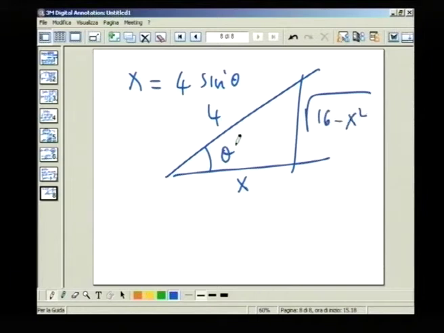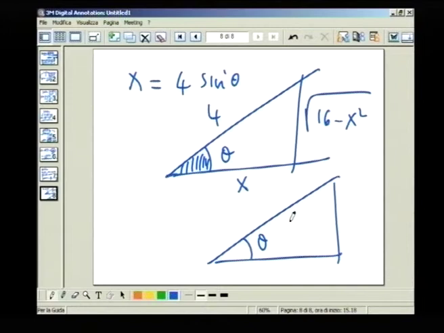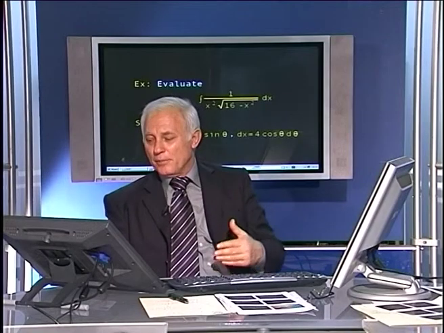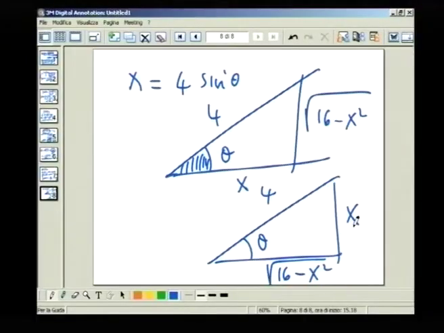In other words, your substitution imposes upon you that you choose the triangle in which you shall know where theta is. I'm sorry, I made a mistake: this is theta, so this must be x, and this must be 4, and this must be the square root of 16 minus x squared. So sin theta is equal to this. So if the integral gets you, for example, tan, you know what to replace tan theta by in terms of x, or cosine theta as a function of x.